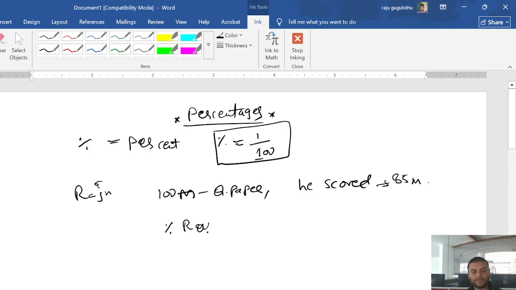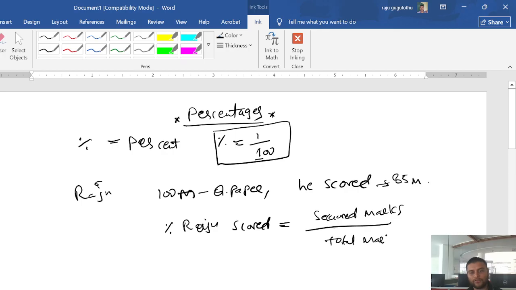Percentage of marks Raju scored will be taken like this: secured marks divided by total marks, into 100. So we are going to calculate percentage of marks like this, guys.